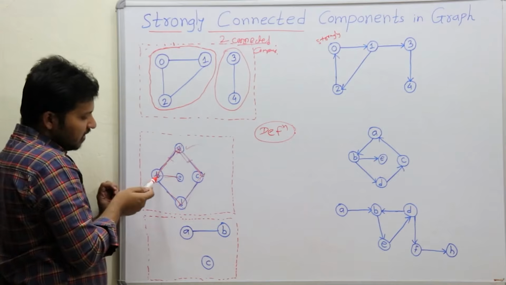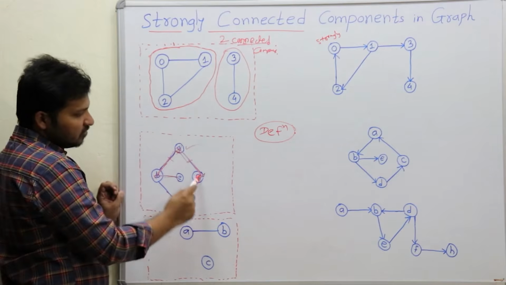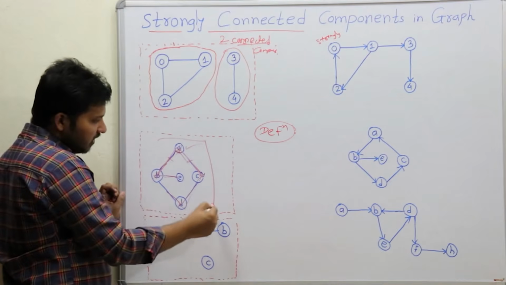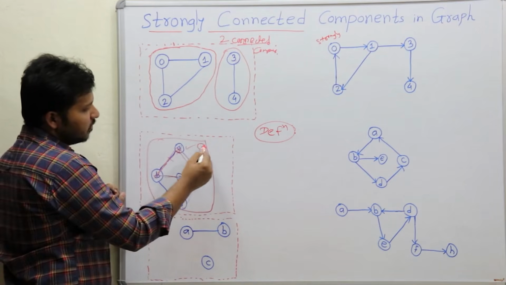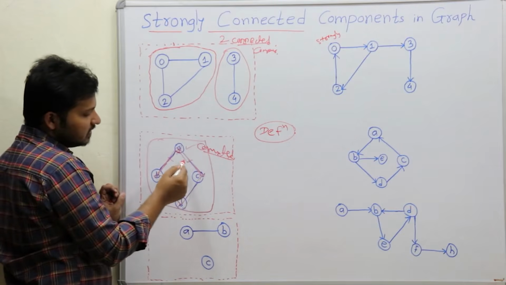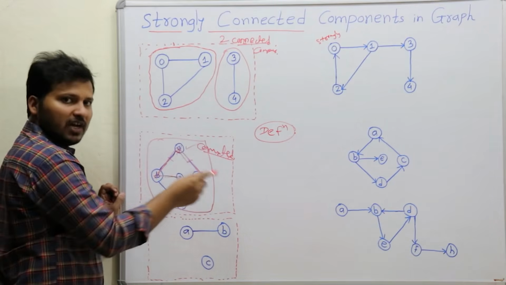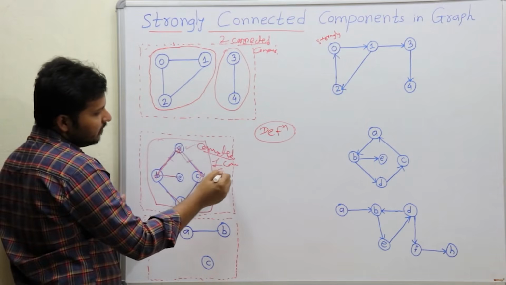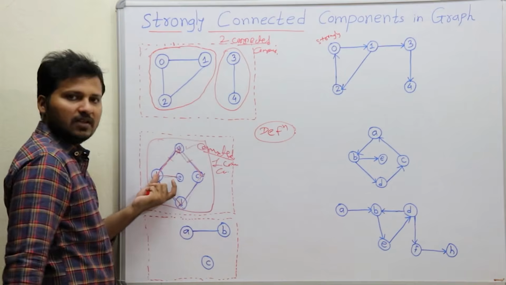It can reach B, and then from B it has a path to every other vertex. It means in this graph there is only one connected component, because all the vertices have a path to every other vertex. That's why there is only one connected component, correct?